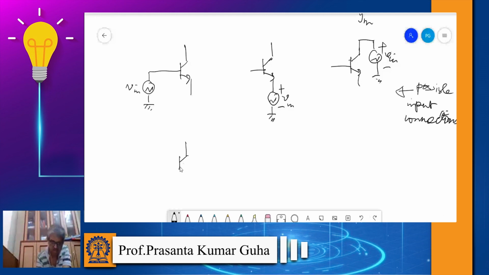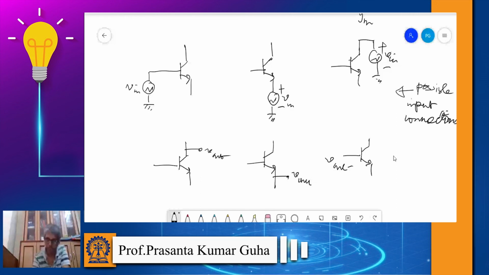What about possible output connections? Maybe I can have V out at the collector, V out at the emitter, or V out at the base.